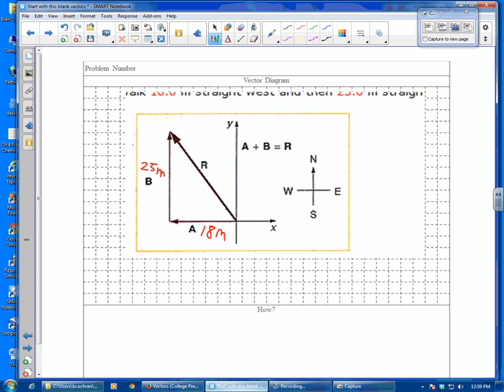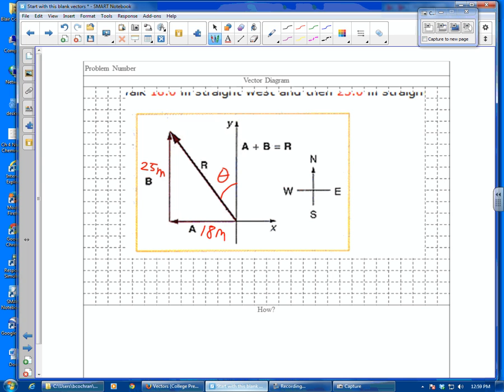West of north means starting north and swinging west. So the angle they actually want me to find is that angle right there. That theta is what they're looking for in my answer. Oh, that's a bummer. That's outside the triangle. That's too bad. I only know how to do angles inside a triangle with SOHCAHTOA.